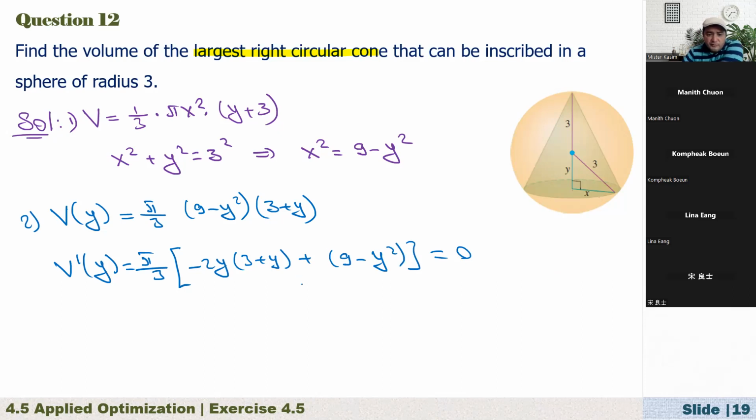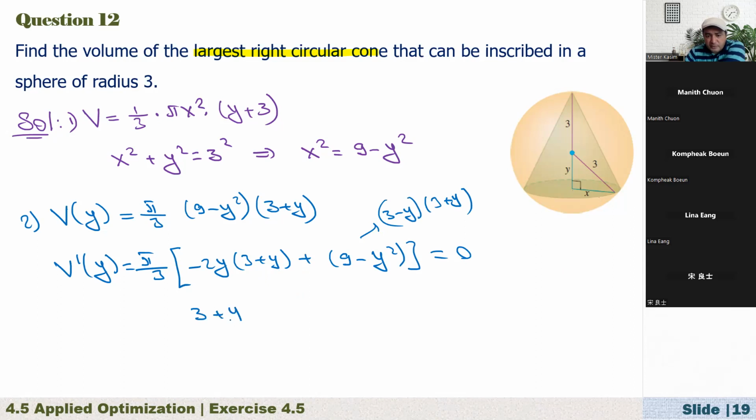Now, if you factorize this, divide both sides by pi over 3, and also notice here that 9 minus y squared is equal to 3 minus y times 3 plus y. So 3 plus y is a common factor.